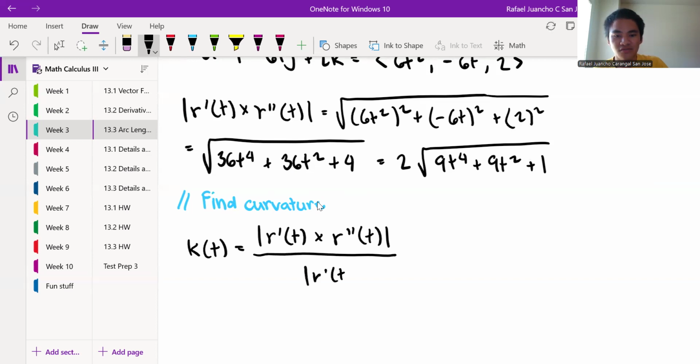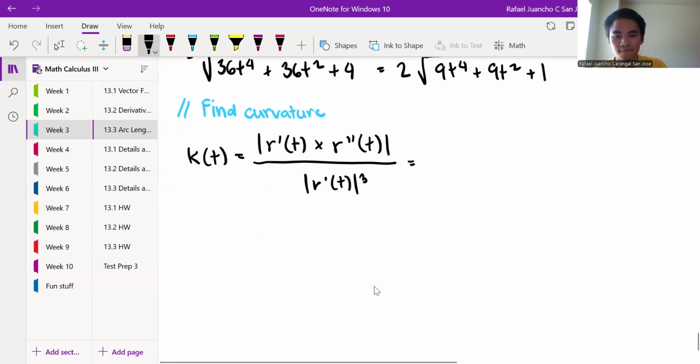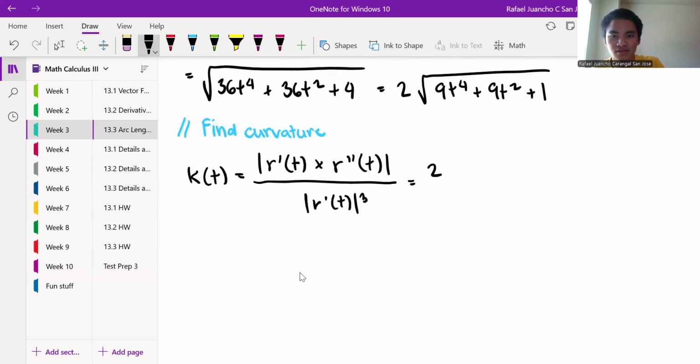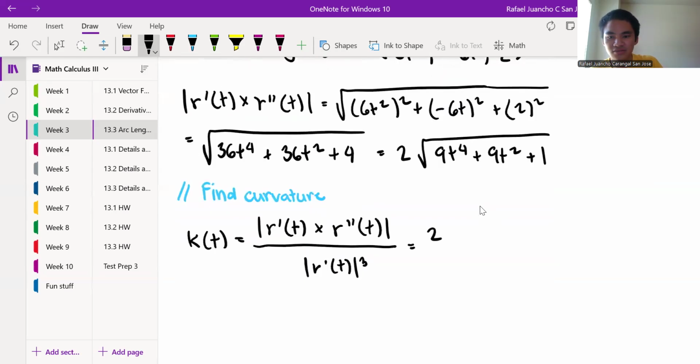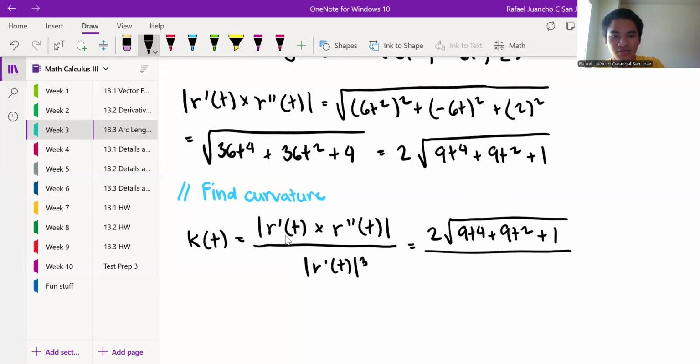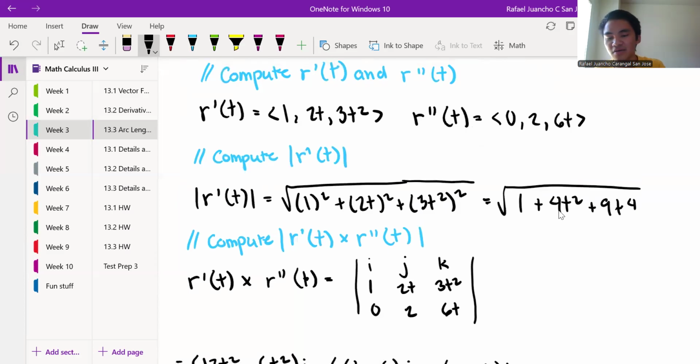So here I'm just rewriting the formula, just so that's clear. Okay, but here I just plug in everything. So the magnitude is just this thing. I divide that by the magnitude of this thing, and I cube that. So that would be to the 3/2.